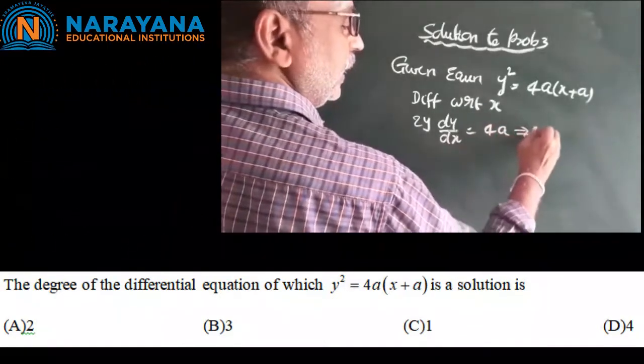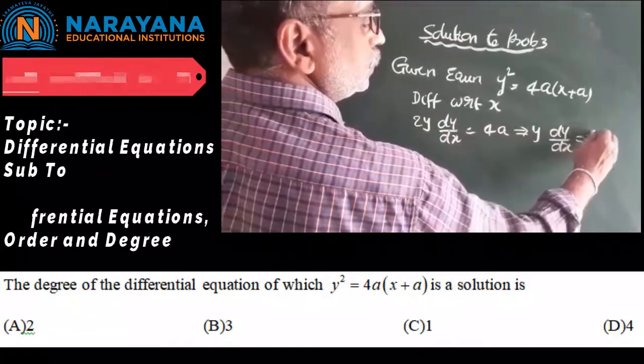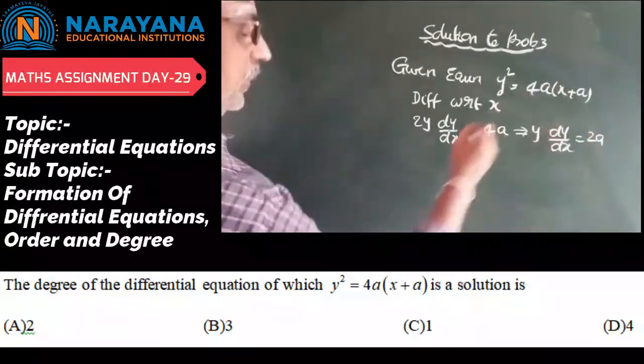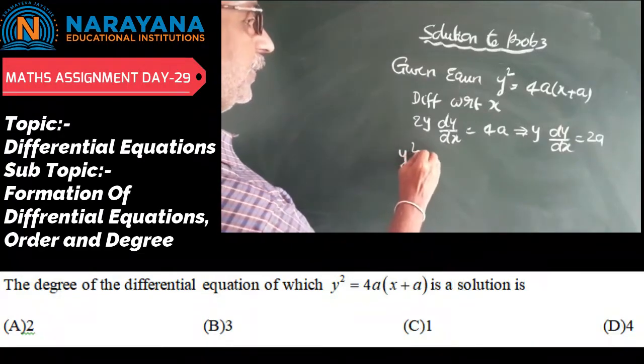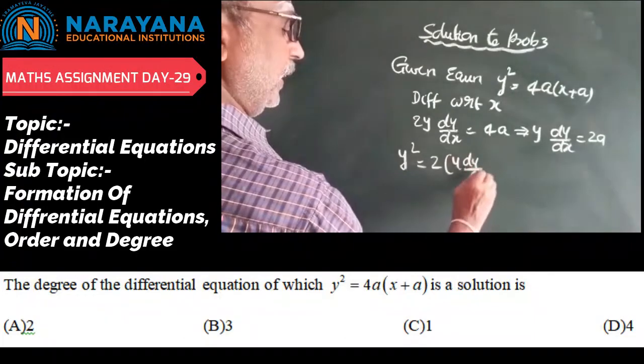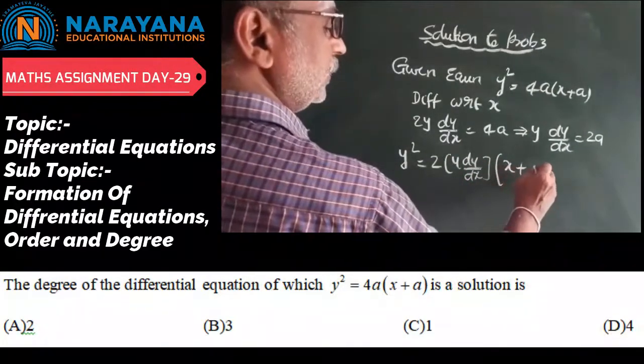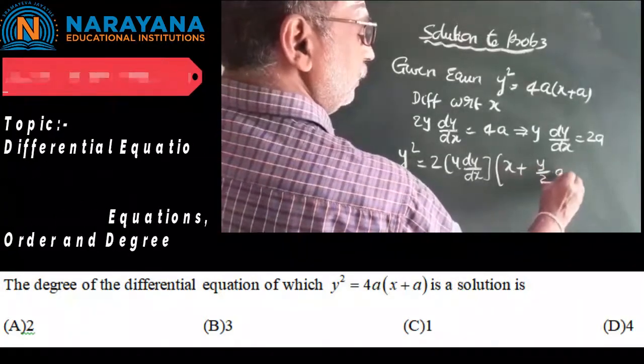From this, we can get y dy by dx equal to 2a. Now substituting this here, we can get y square is equal to 2 into y dy by dx into x plus y by 2 dy by dx.